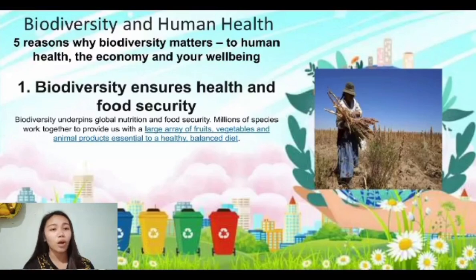Now, these are all important for our healthy and balanced diet. Without bees and other pollinators, many crops wouldn't grow. Without healthy soil and clean water, both supported by nature, farming wouldn't be possible. So, biodiversity is like the giant support system that helps us keep our bodies strong and our plates full.